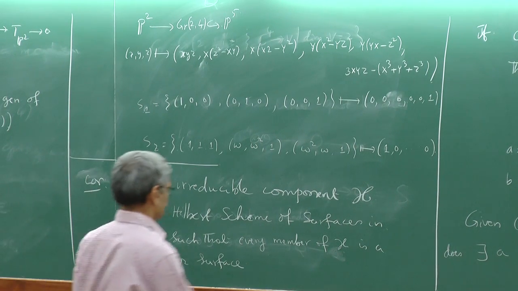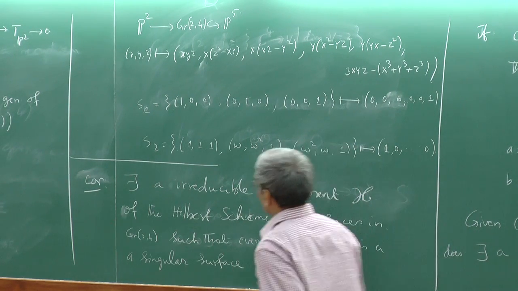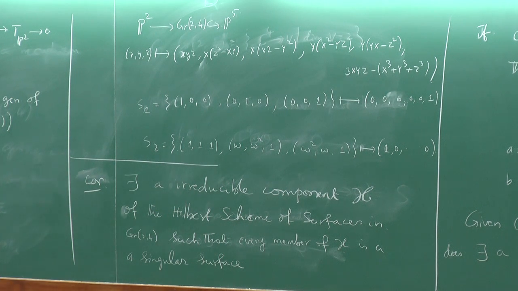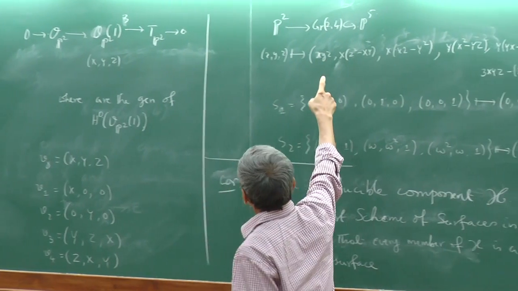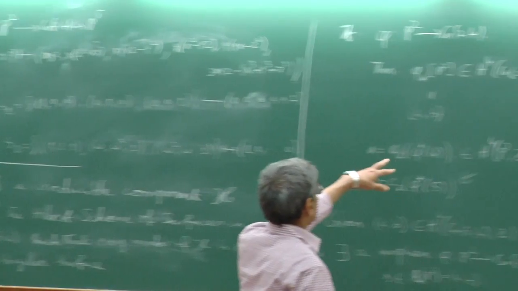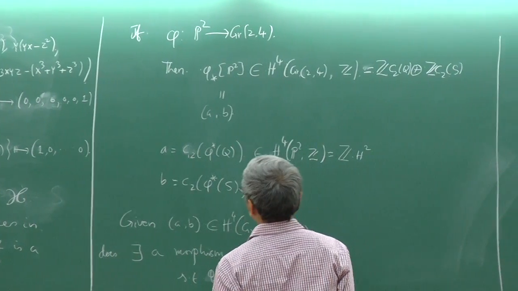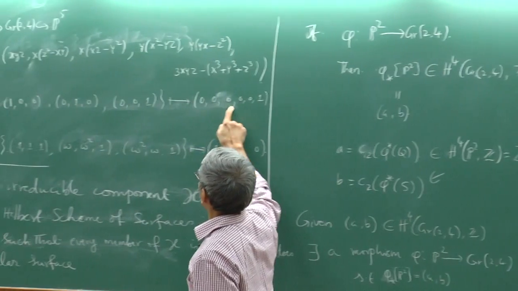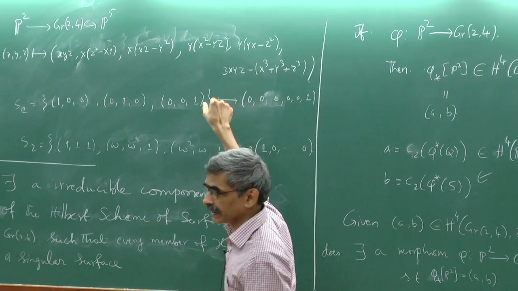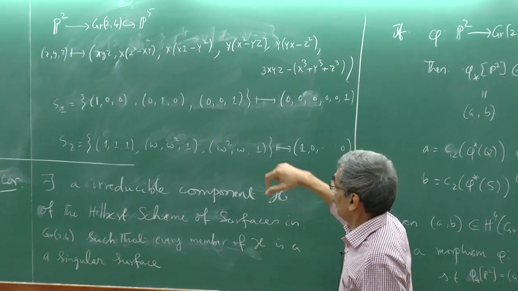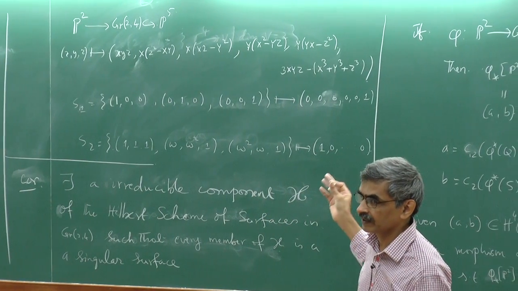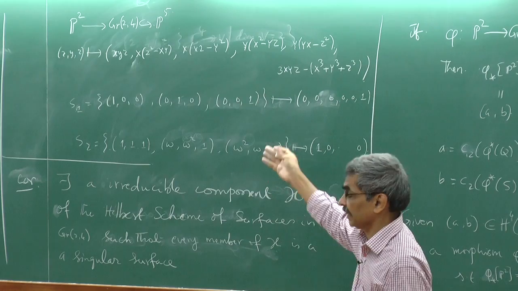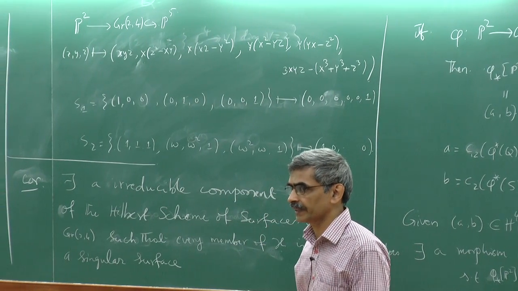Because what happens is, look at this mapping given by this selection of these sections. So the image is a surface with two singularities, namely the images of this point and this point will be singular points in the Grassmannian, and outside which it is non-singular. So if you take a hyperplane section, it's a smooth hyperelliptic curve of degree 9.